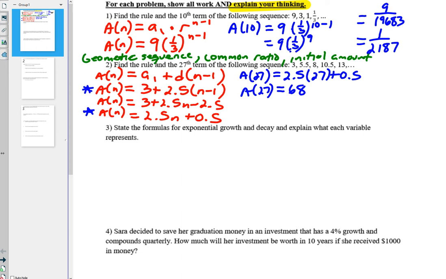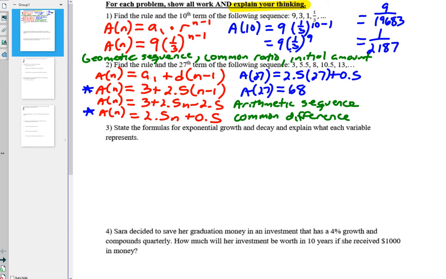So what are some keywords that I would expect to see in this explanation? Yeah, you would say that this is an arithmetic sequence. I would hope you would go into why it's an arithmetic sequence, because these numbers have a common difference. Yeah, that would be another.